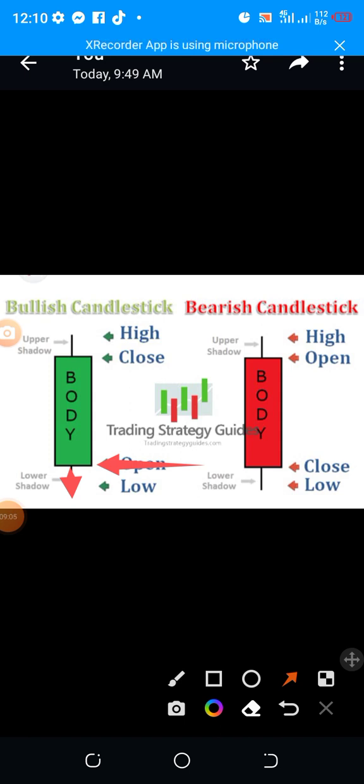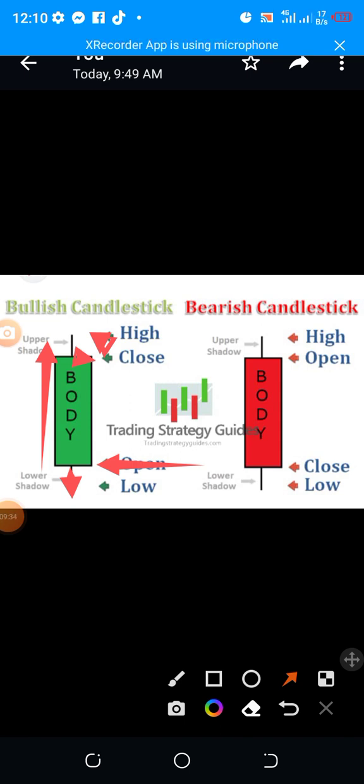After that the buyers came in and pushed it up to this end where you see the upper high. The buyers were in control. Then the sellers tried to come in again and they pushed price back to this extent here. Then the time of the candle finished. That is how a candle is formed.